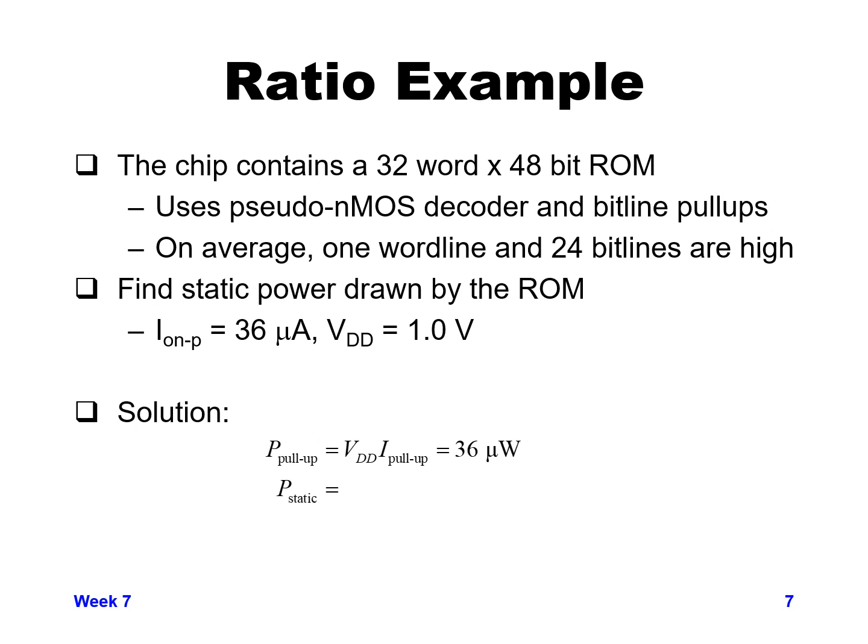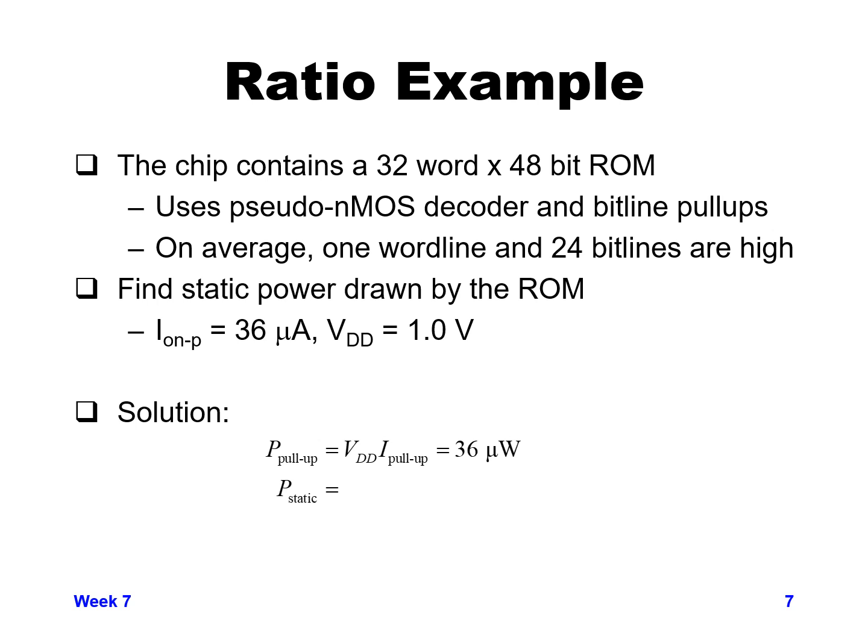It's going to be our on current for the P device of 36 microamps times our voltage, since voltage times current is our power. Our voltage is 1 volt, so 36 microamps times 1 volt is 36 microwatts, our pull-up power.